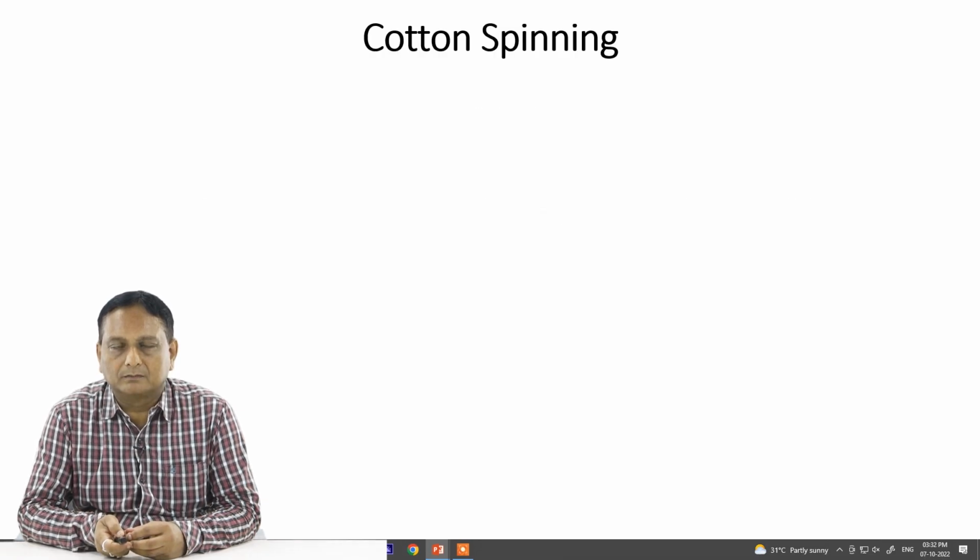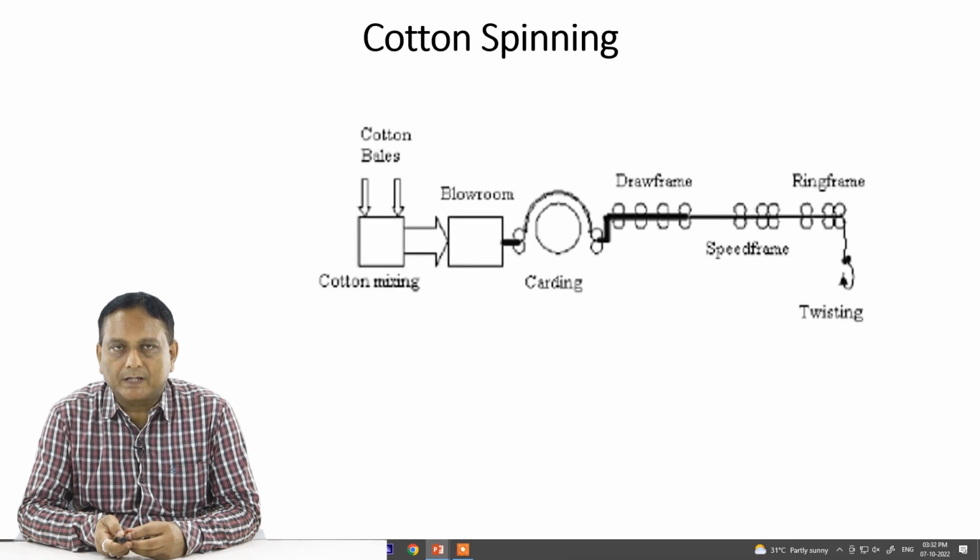Now cotton spinning is a very broad term, and as you can see, a schematic view of the cotton spinning system. It starts from the cotton bale or cotton mixing of different bales, then it goes into the blow room section, then from the blow room it goes to the carding section, then into the draw frames.